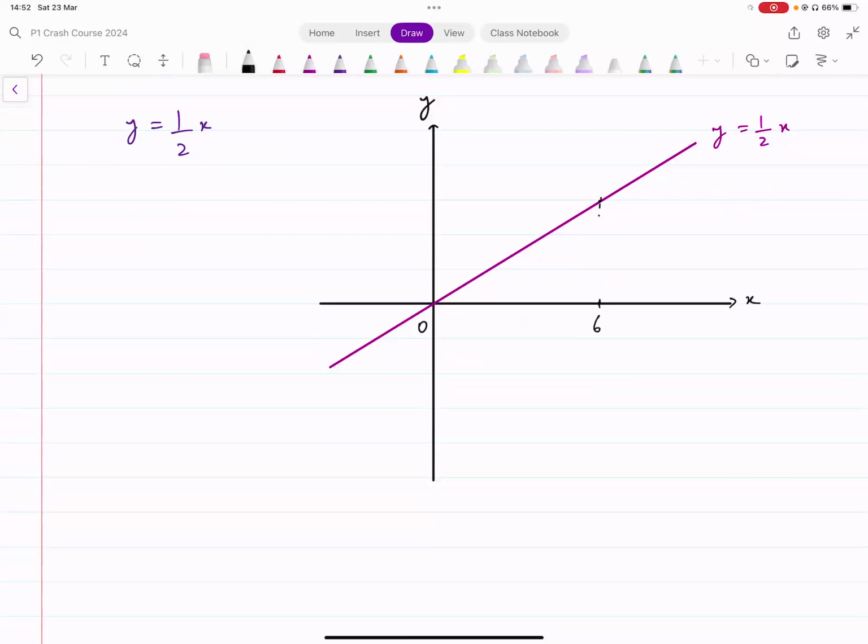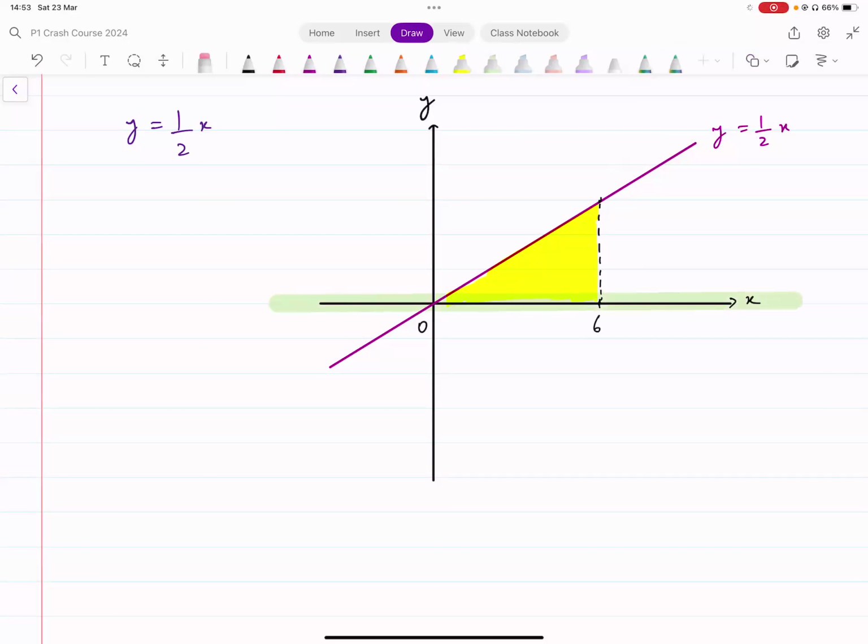The area between the graph and x-axis in this region, what is that going to be? This region is a triangle like this, right? This is the area between the graph and x-axis. Now, what we want to do is rotate this area about the x-axis.